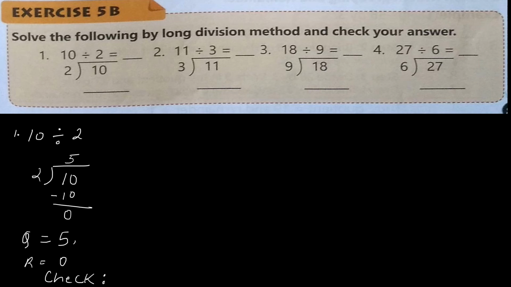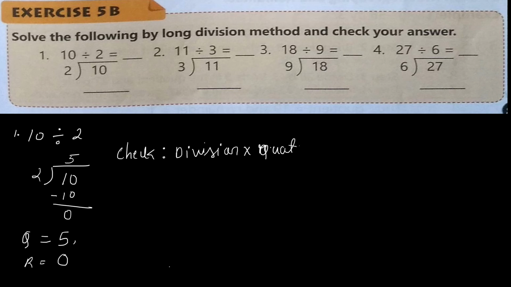So how can we check? Divisor multiplied by quotient plus remainder.